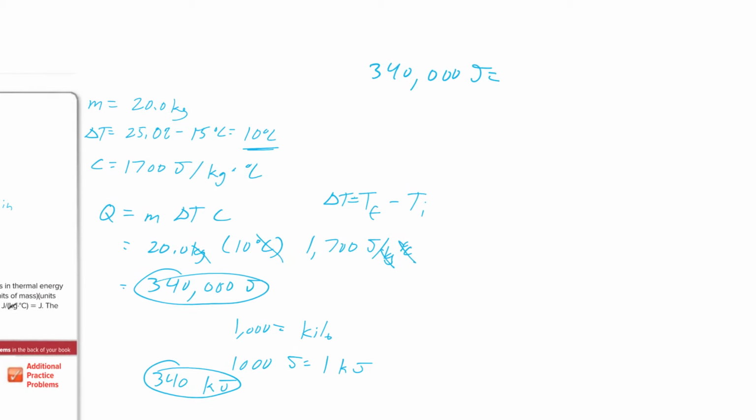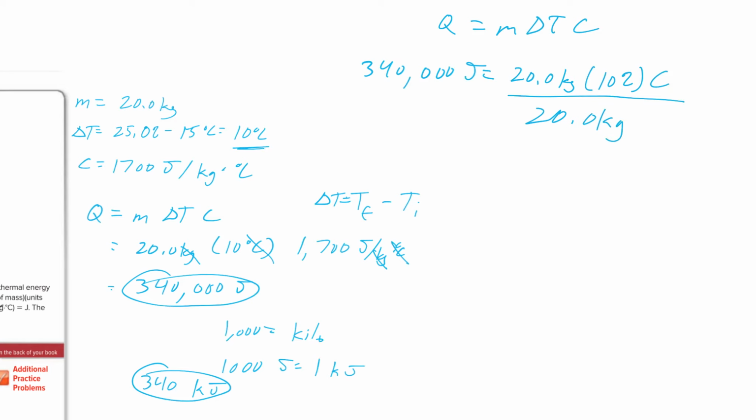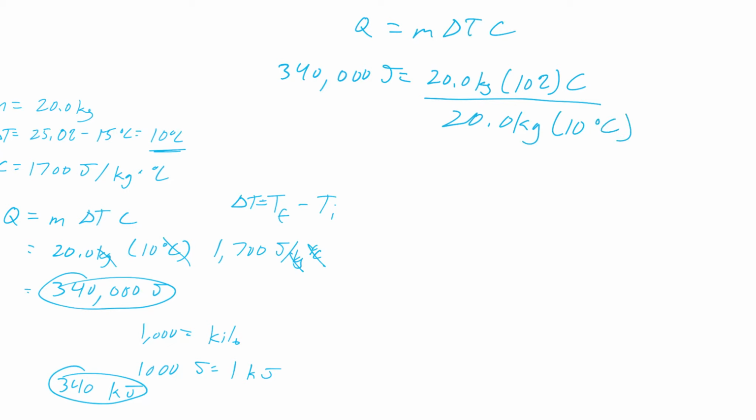joules is equal to Q, M delta T C. So mass is 20 kilograms. Change in temperature is still 10 degrees Celsius, but they're asking you to calculate specific heat. So here you just divide both sides by the 20 kilograms and the 10 degrees Celsius. Do the same thing over here.